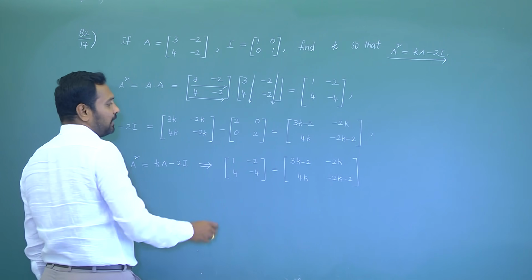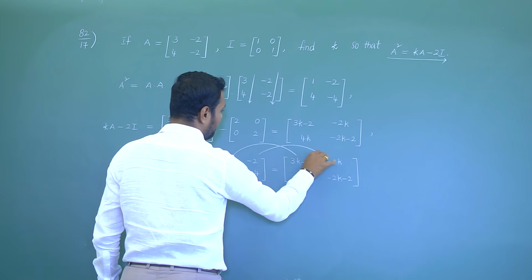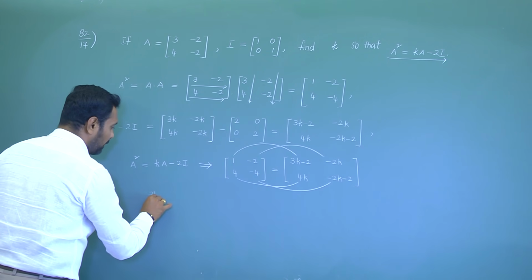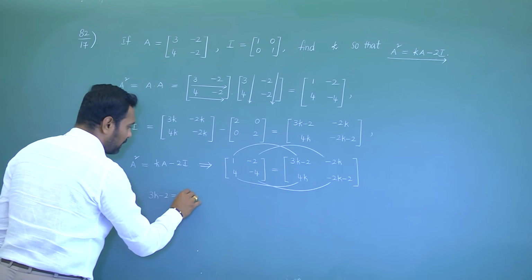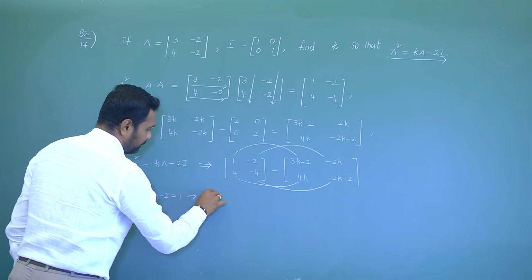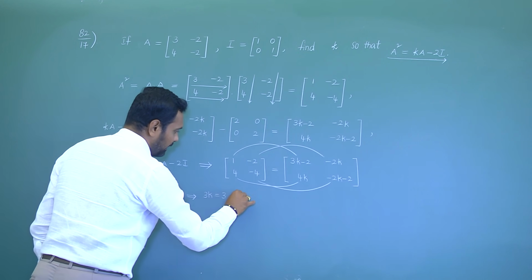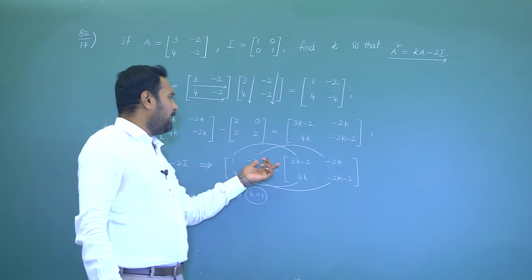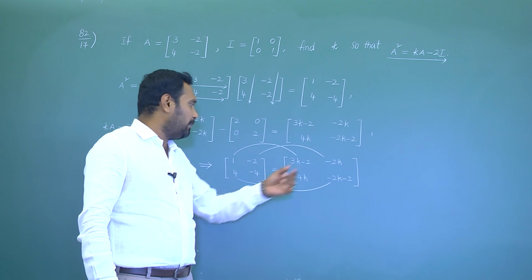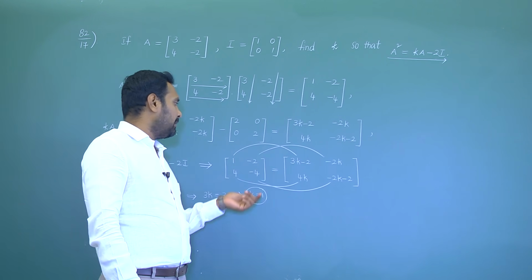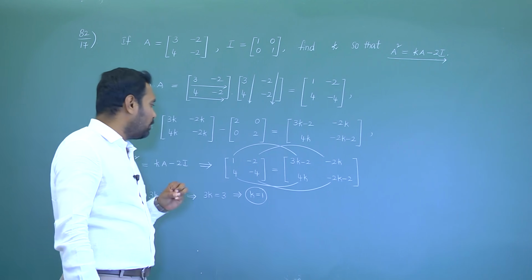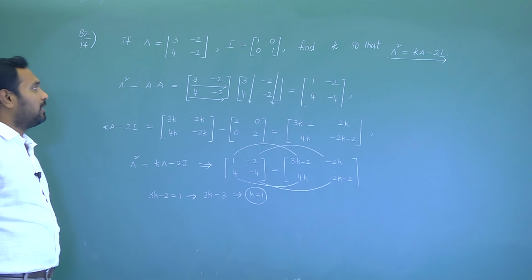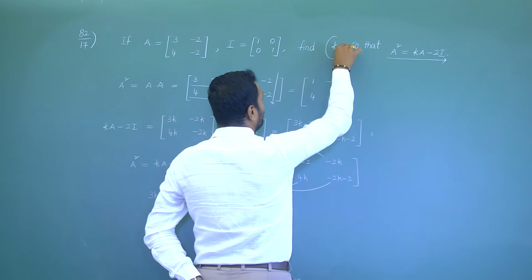If you compare the corresponding elements, then you will get the value of K. 3K minus 2 equals to 1, this implies 3K equals to 3, this implies K equals to 1. If you compare the first row second column element, second row first column element, second row second column element also, you will get the same value of K, that is 1. So the answer for this problem is K equals to 1.